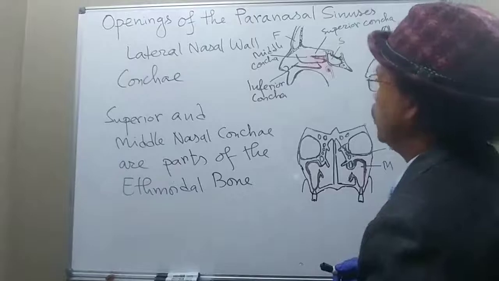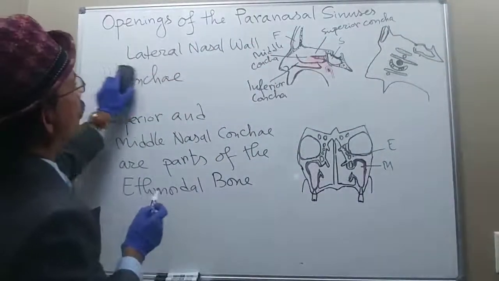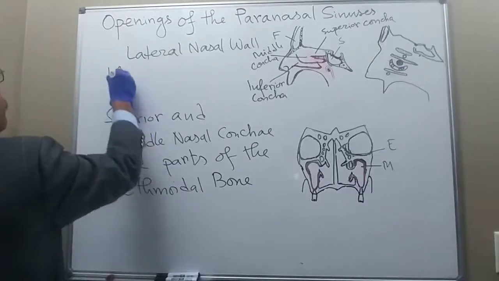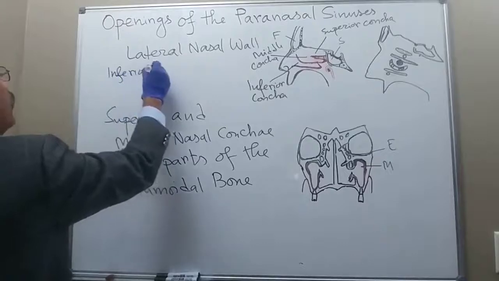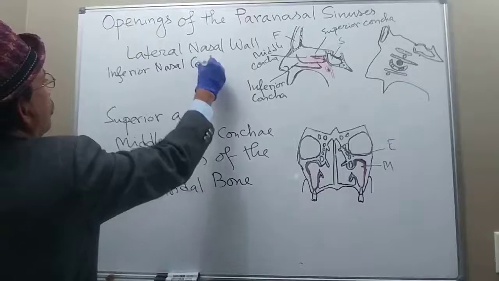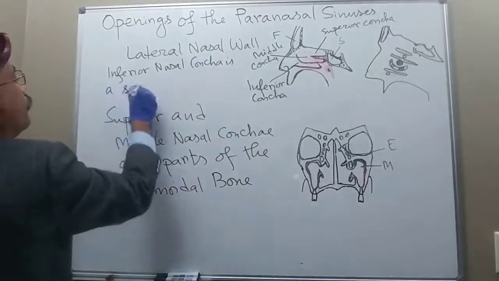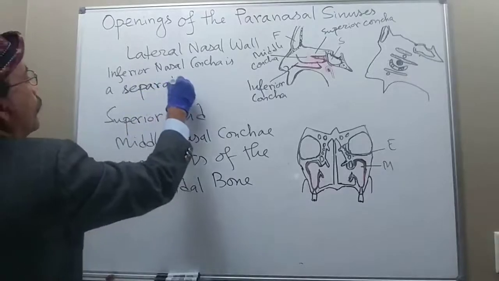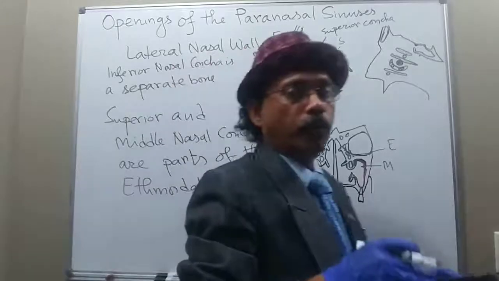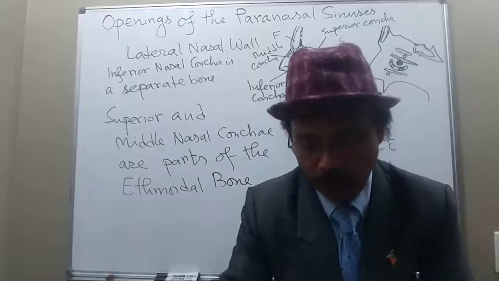They are part of the ethmoidal bone, but the inferior nasal concha is a separate bone. Okay, we got that. These are shelf-like bony extensions on the lateral nasal wall.